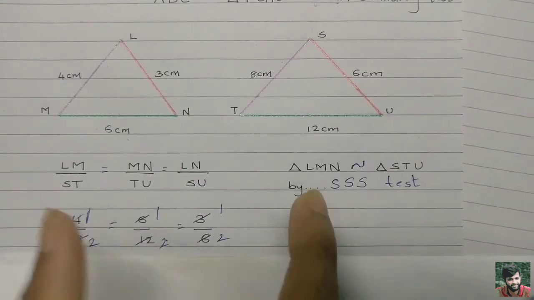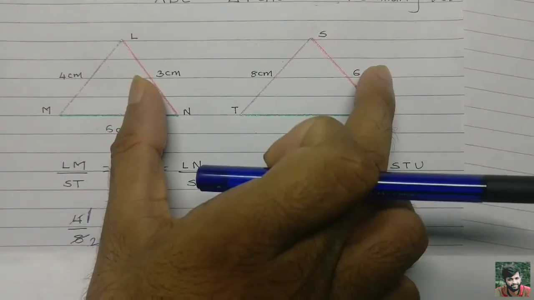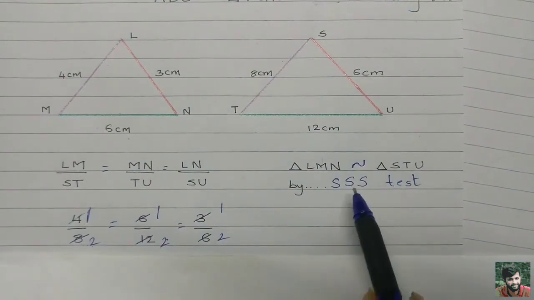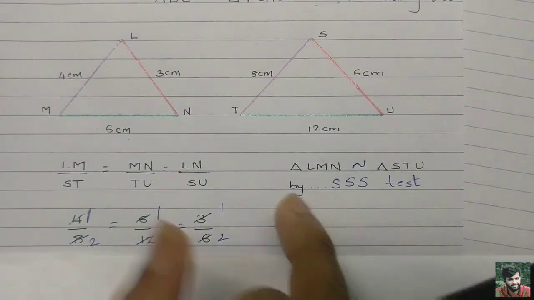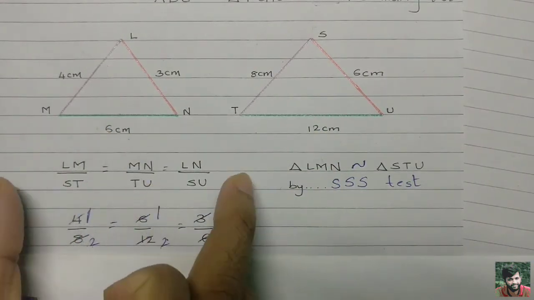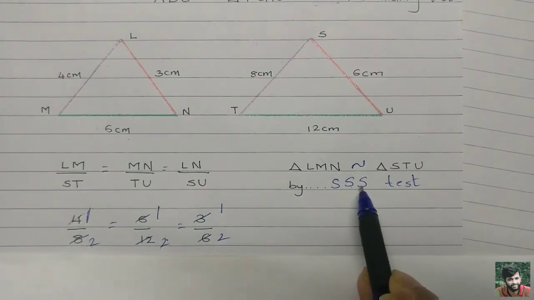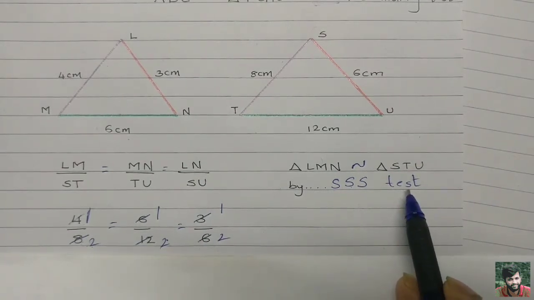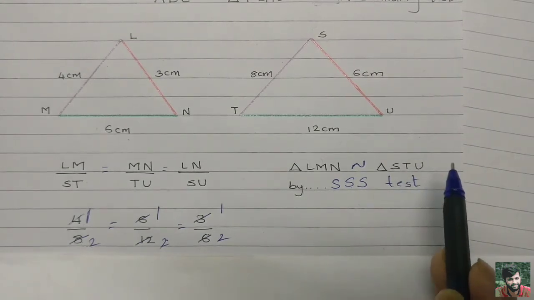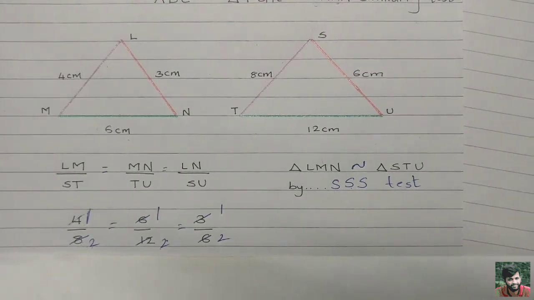That means this upon this is equal to this upon this. And if that is true, do you require only two sides to be in the ratio? No, all the three. Then this would become the side side side similarity test. The previous one was the AA similarity test. This is the side side side similarity test.